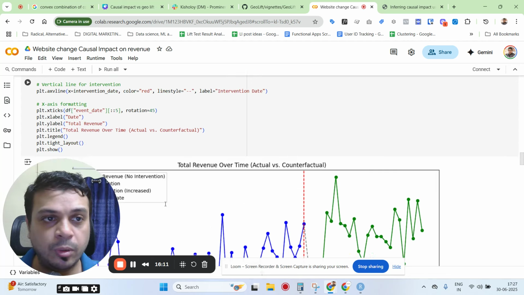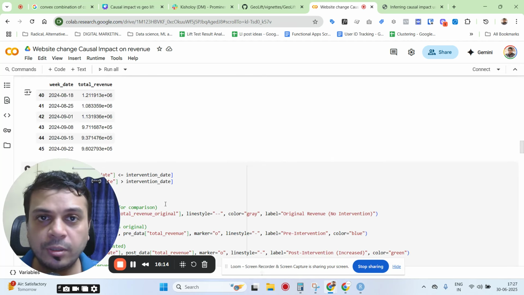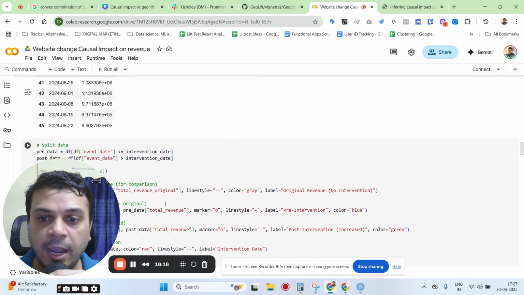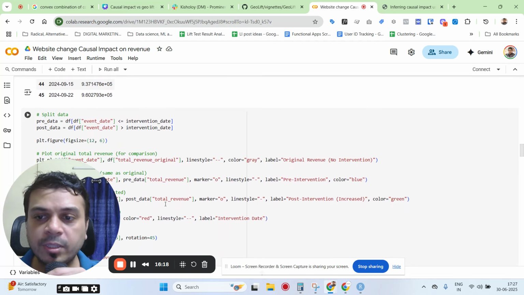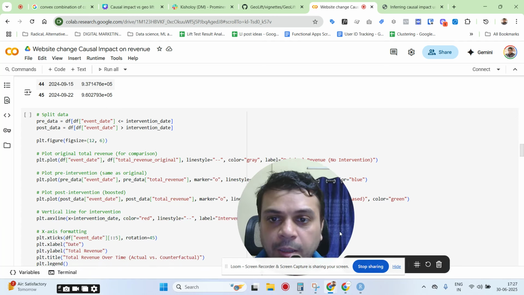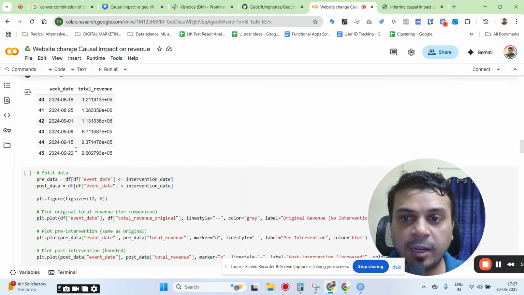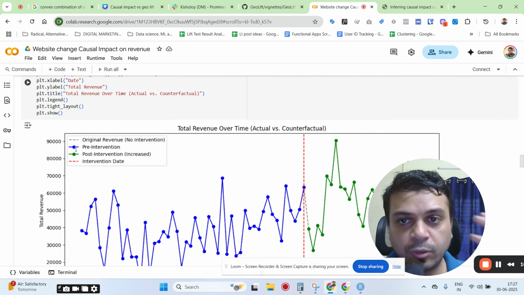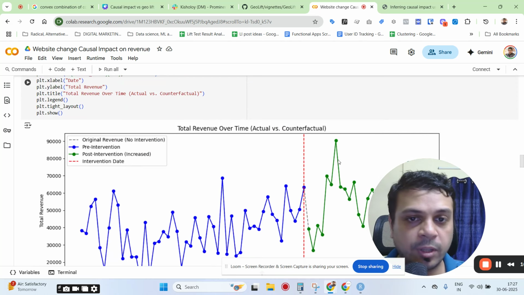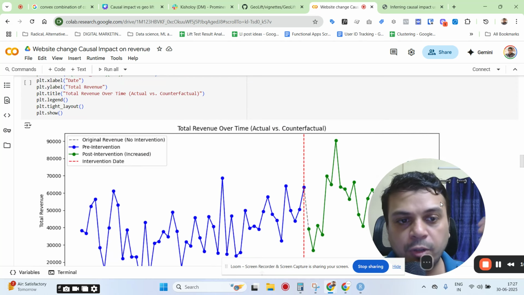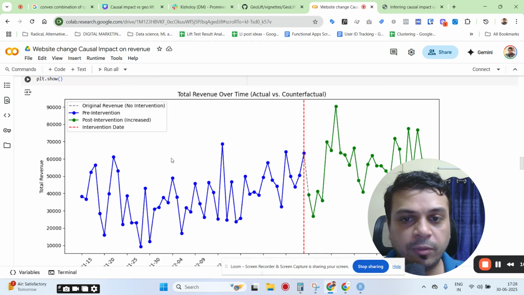If I just jump into the code here, this is for causal impact analysis. This is based on an actual experiment. There was some change made on the website, and an analysis was done to understand the actual impact of that change, whether or not there was a change in things like new customers, new customer revenue, total revenue, and even conversion rate.